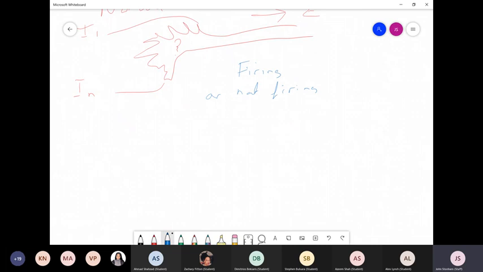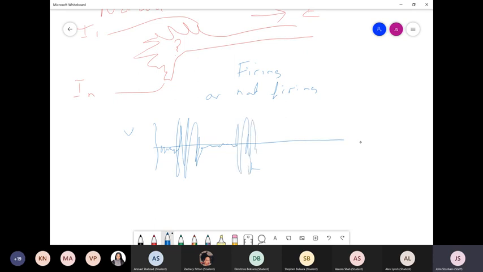So if I were to take a voltage line, voltage against time, we might have a signal that looks like this. Then all of a sudden we get a spiky activity, and then spiky activity again, and so on. Two states. Sounds like logic to me.